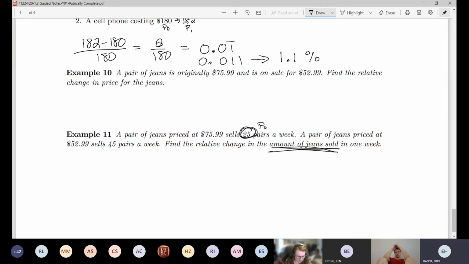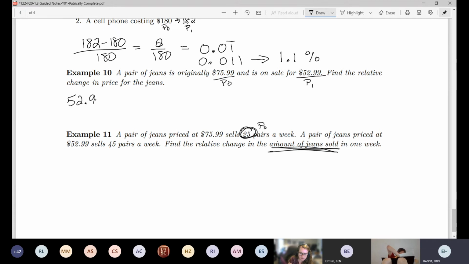Okay, hopefully that was enough time for you to at least complete one of them, if not both of them. So, a pair of jeans originally $75.99 was on sale for $52.99. Find the relative change.